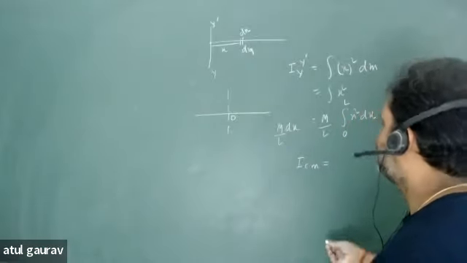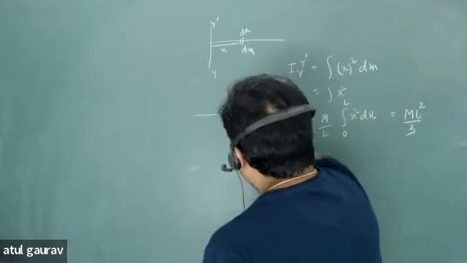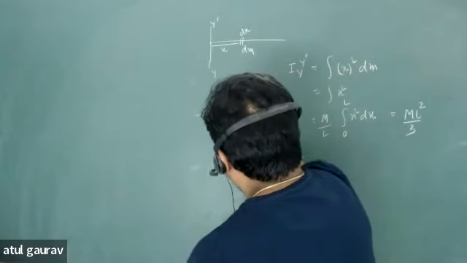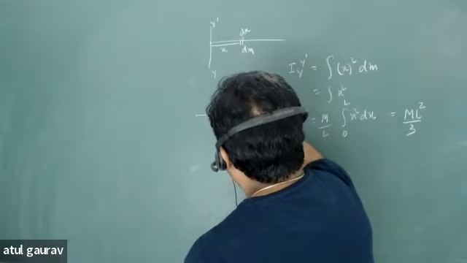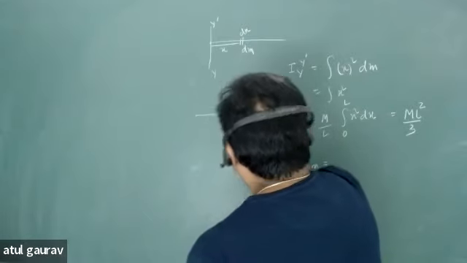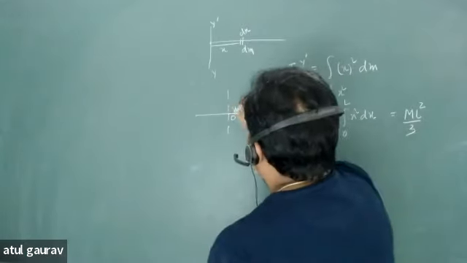So what will be ICM? We just want to calculate the moment of inertia about this axis. So I will take dx, dm, and let's say the perpendicular distance is x.